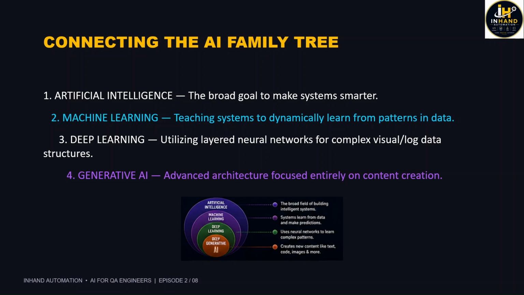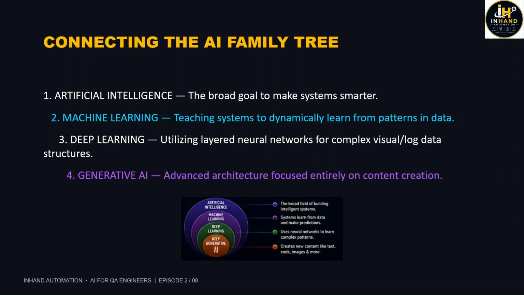Where deep learning comes in: analyze the application screenshots and identify meaningful visual problems. Where generative AI comes in: Rahul asks, here is my requirement, generate the test scenarios or a Playwright automation skeleton. The system creates new content. And that's the difference between AI, machine learning, deep learning, and generative AI.